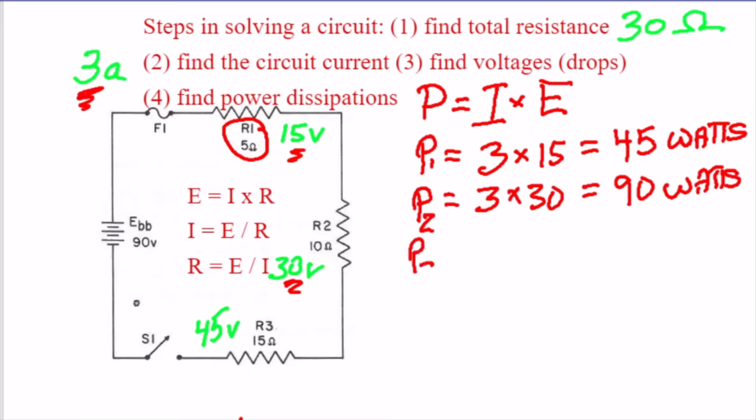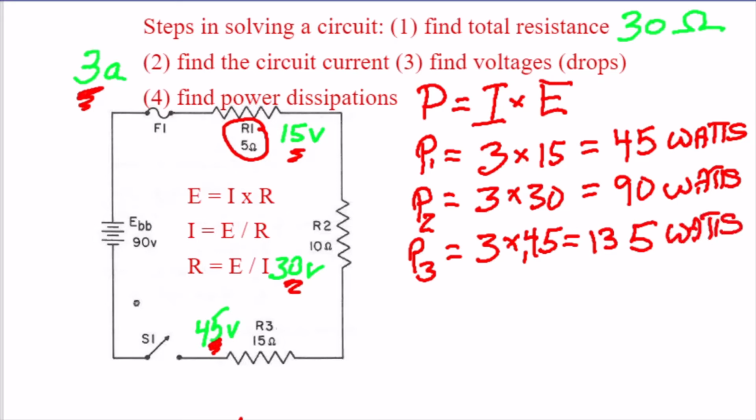And finally, P3 equals 3, the amperage, don't forget it doesn't change throughout the circuit, times the voltage drop, which is 45. Here we have to do a little bit more math. 3 times 5 is 15, carry the 1. 3 times 4 is 12, so it's 135 watts.